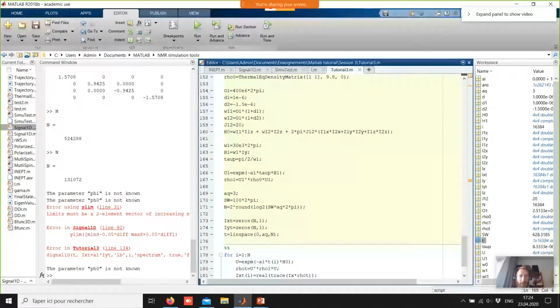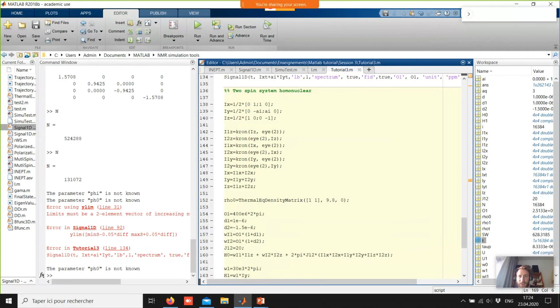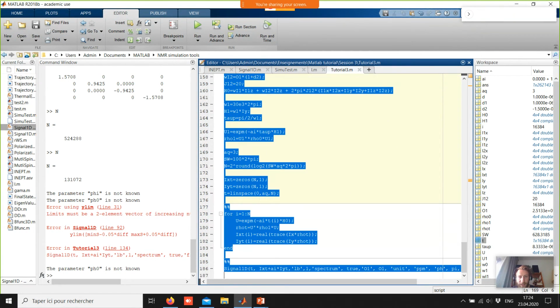And in strong coupling, when the difference in Larmor frequency becomes comparable with the J coupling, we have this so-called roof effect.